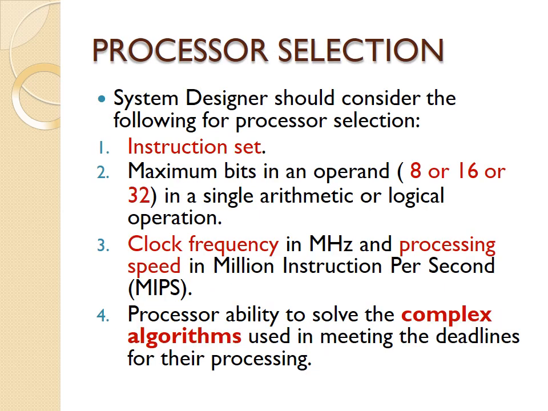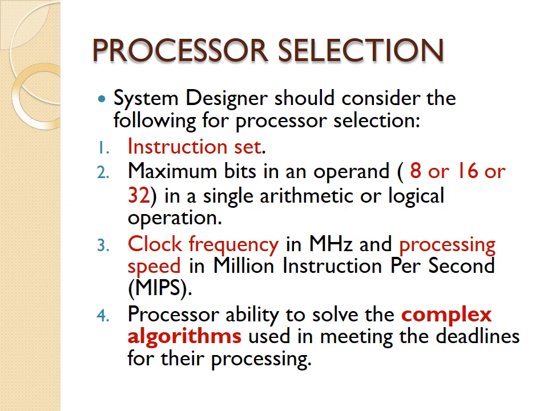These are the important parameters for choosing a processor for an embedded system. The first one is instruction set, the second is operand, the third is clock frequency, and the fourth is complex algorithms. To design an embedded system, the processor configuration is a must.